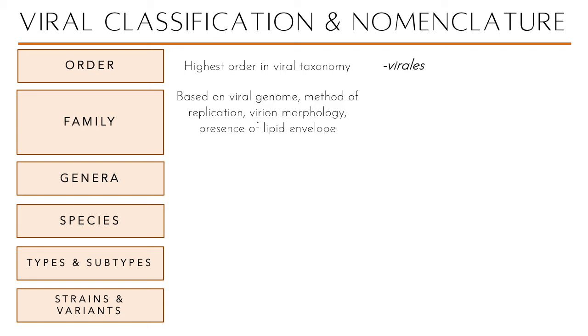The family, which is based on those characteristics, ends with viridae, and more often than not, some families would still have variances or differences within its members. So there are subfamilies, and that is suffixed with virinae, right?